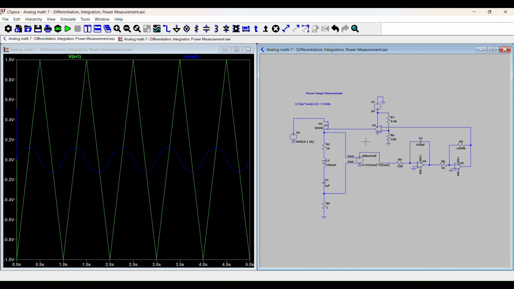Maybe this power source is a sine wave, a triangle wave, whatever. And we only run the component for a certain amount of energy that it outputs. Let's say it's a fly swatter or something, and we feed in an AC voltage to that, and we only want the component to turn on after it dissipates like 1 joule of energy. So this is what this power measurement circuit is for.